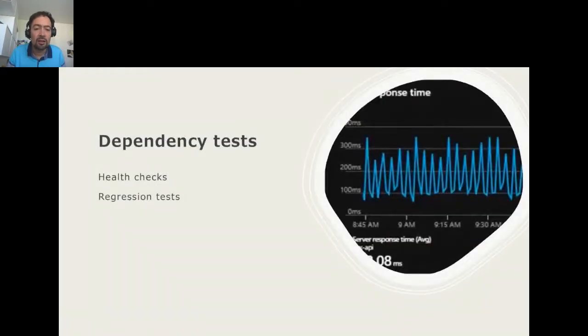Dependency test. I think for all of you who are dealing with hosting virtual machines, environments or services in Azure or somewhere in the cloud, you know what I'm talking about when I talk about health checks and regression tests as well.